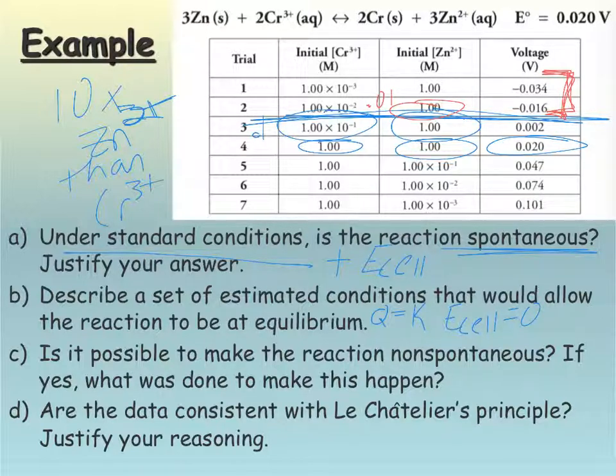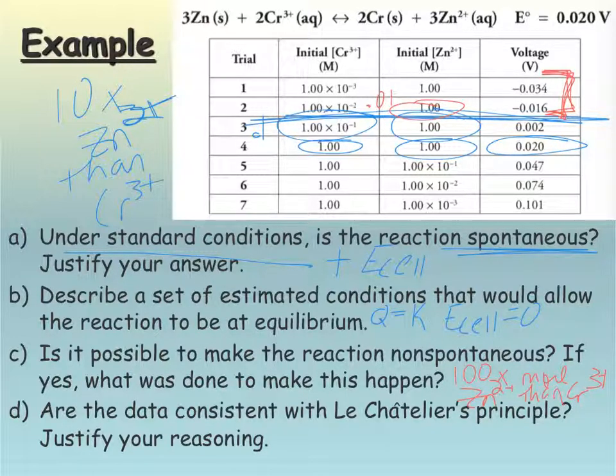So we want our products to be not 10 times, but 100 times. Okay, so I want it to be 100 times more of my zinc than of my chromium, and that should get me to a non-spontaneous reaction.